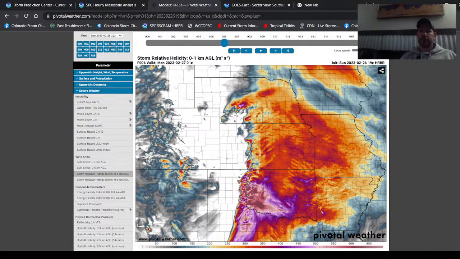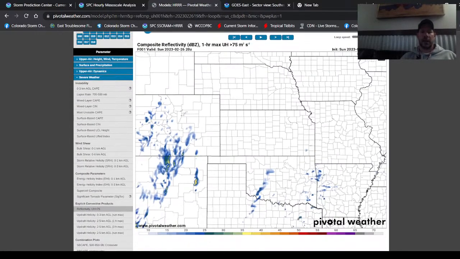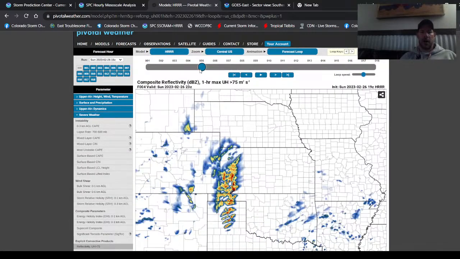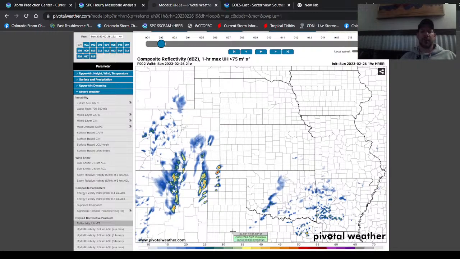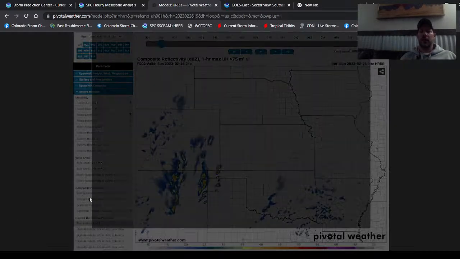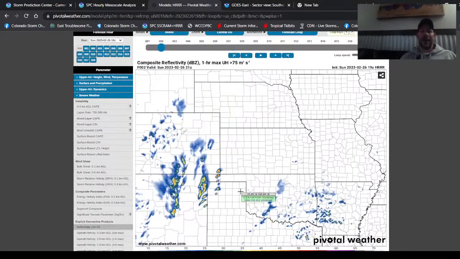Okay. So then, again, this is the latest runs of the HRRR. As we look at what reflectivities could look like, this is what we're seeing right now, right? We're seeing these storms begin to fire out here in the western Panhandle and start to progress off to the east. They will encounter that area right now where the cloud cover has moved away.